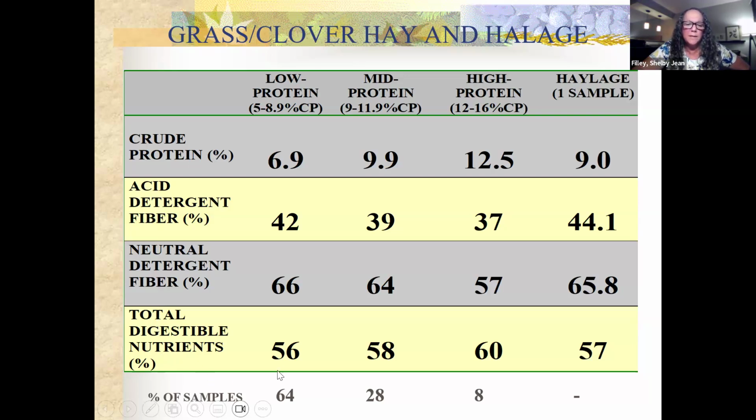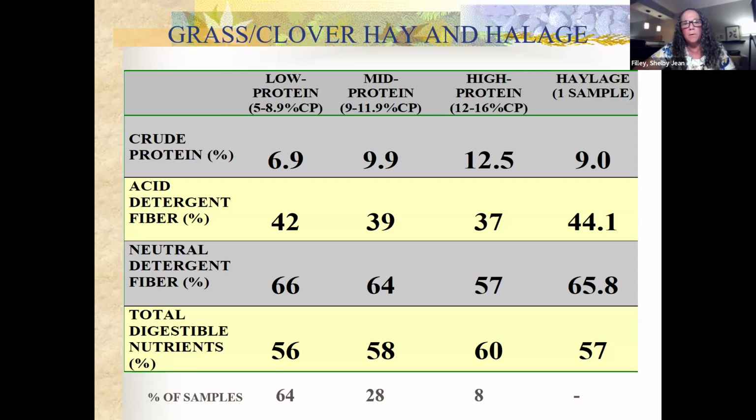And most of the samples, about 64% of them, were in this low protein category. There's a low protein, mid protein, and high protein. And I broke it up like that relative to animal nutrient requirements. So most of the samples were this low crude protein of 6.97%.